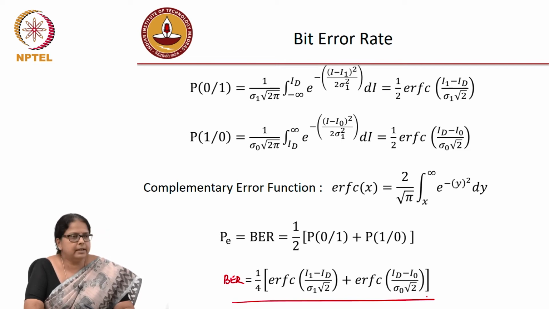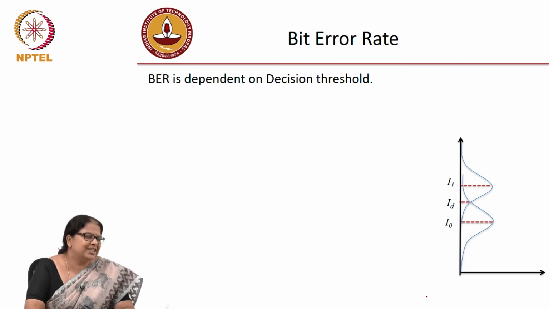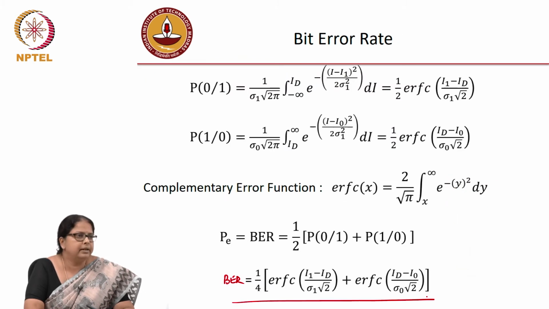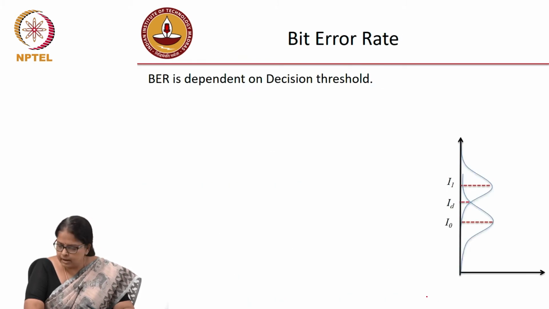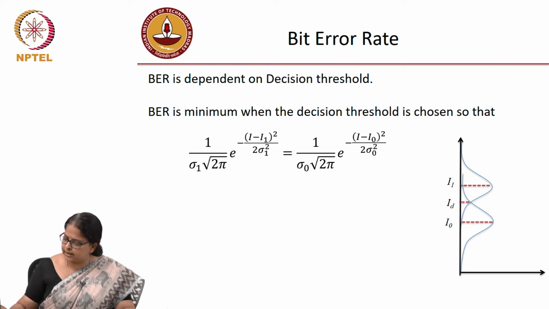Now, we went a little further to identify what the decision threshold should be in an ideal scenario, because the bit error rate depends greatly on the decision threshold. What we realized is that to minimize the bit error rate, the decision threshold has to be chosen at the point where the two probability curves match. Here the x-axis is probability and the y-axis is your received current.